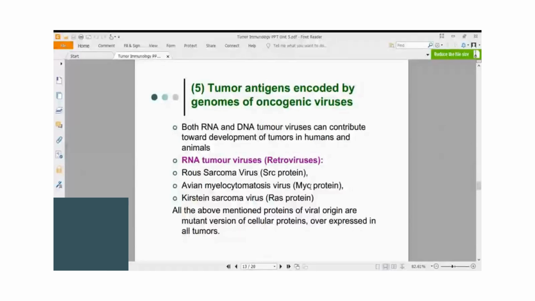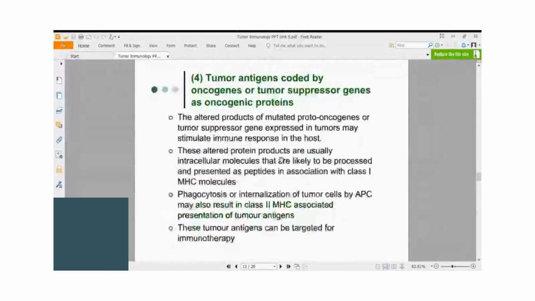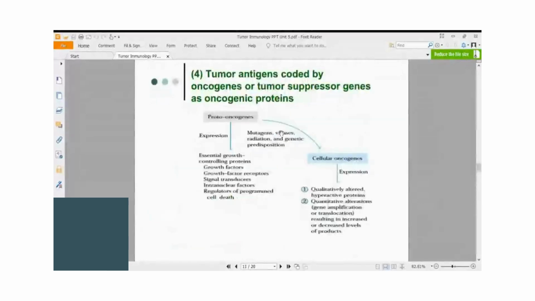Now, what am I trying to arrive at? The proteins that are produced, which are similar to the proteins of the cellular origin, that is the proto-oncogene, due to the viral mutation. In the earlier example, I had mentioned that viruses can also bring out mutagenesis of the proto-oncogene.